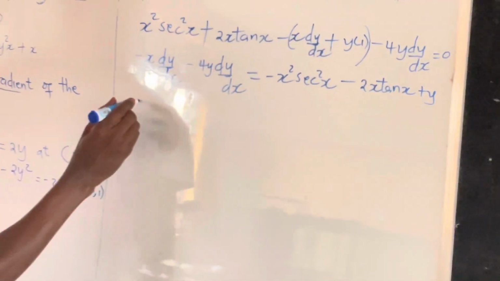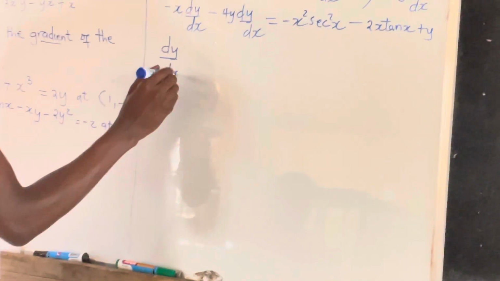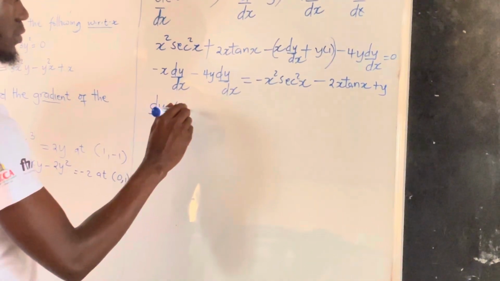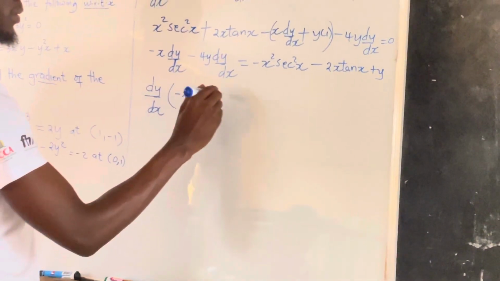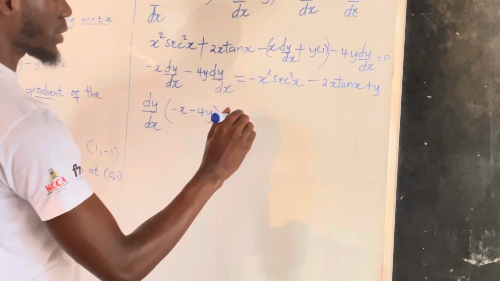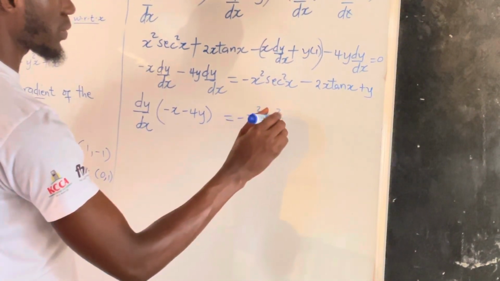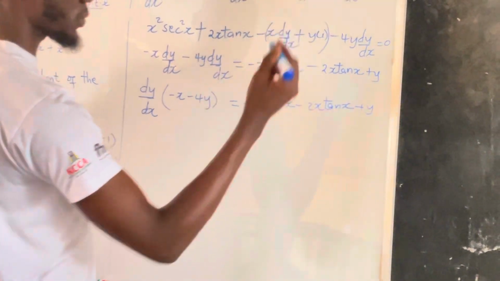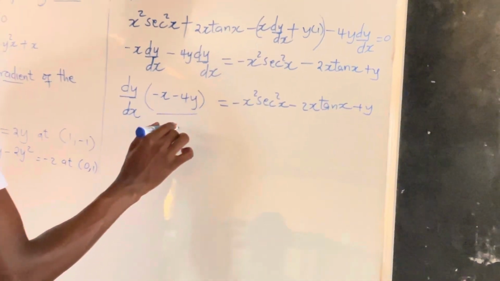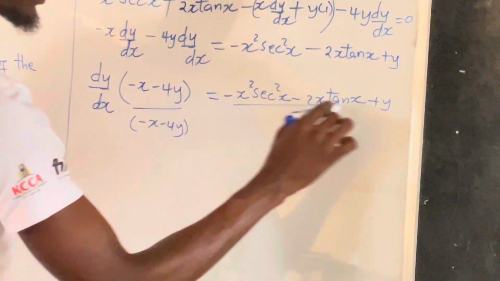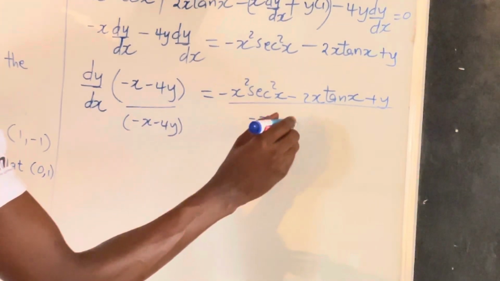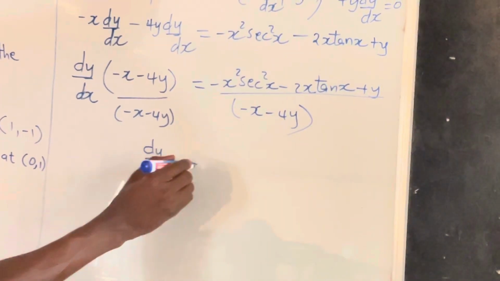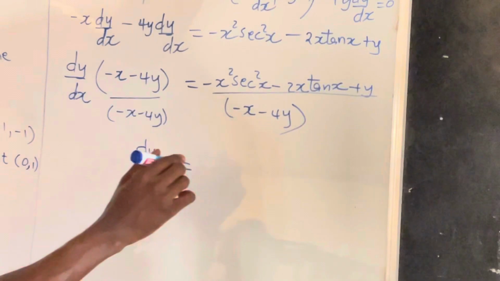We factorize out that dy/dx, which in this case is just negative x minus 4y being equal to negative x squared sec squared x minus 2x tan x plus y. Then we divide through by negative x minus 4y on both sides. Then we have our dy/dx being equal to something like that.